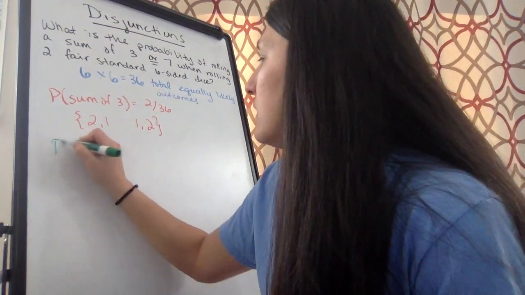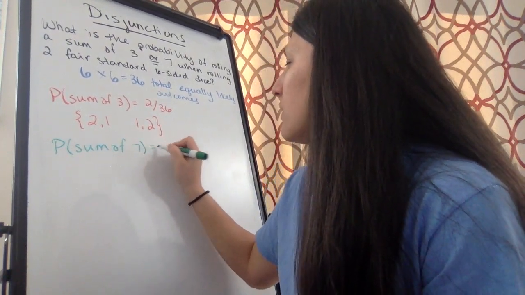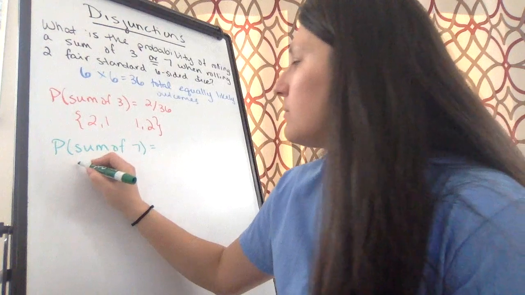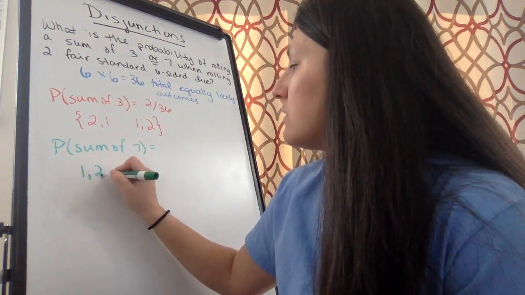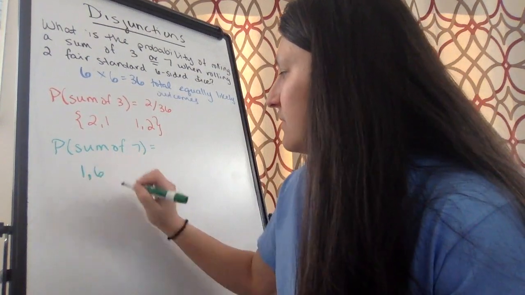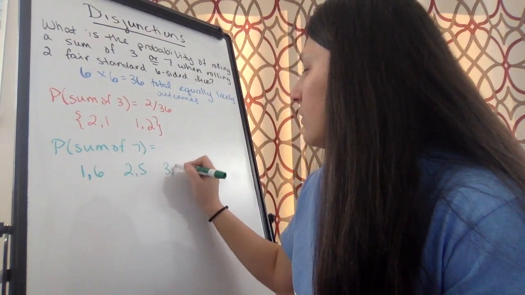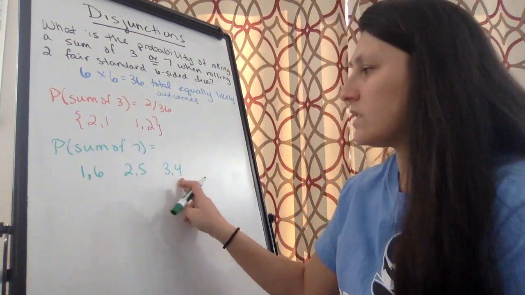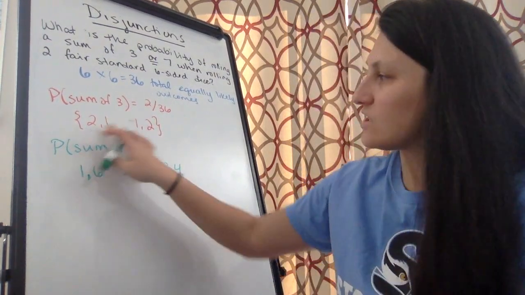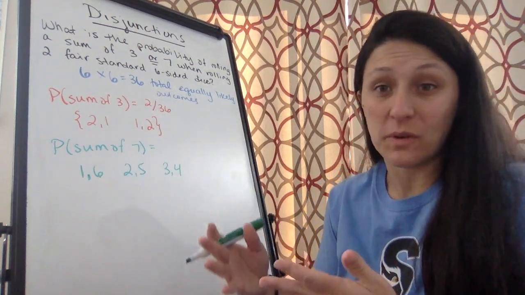So the probability of rolling a sum of 7, well, how many outcomes are there to get a 7? We could have 1, 6. We could have 2, 5. We could have 3, 4. Notice I'm trying to go in order. That's why I started with 1. I did a bad job here. I didn't start with 1 here because I knew that there was only 2 answers.